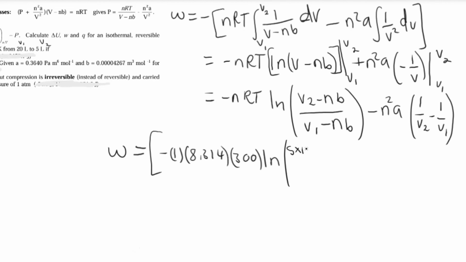Same applies to the bottom one. That is not 5, it is 20. V1 is 20, multiplied by 10 to the power minus 3. And then we subtract nb. n is 1. b is this one.